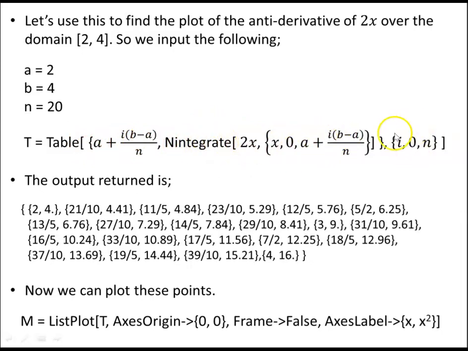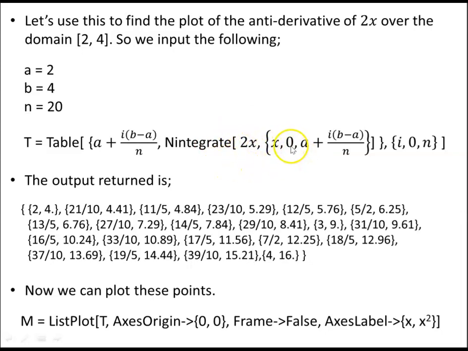Both of these are being summed over i from 0 to n. So this produces the horizontal coordinate: lower limit, upper limit, and n segments. We're going to integrate here. The derivative of x squared is 2x, so we integrate 2x to find the antiderivative.